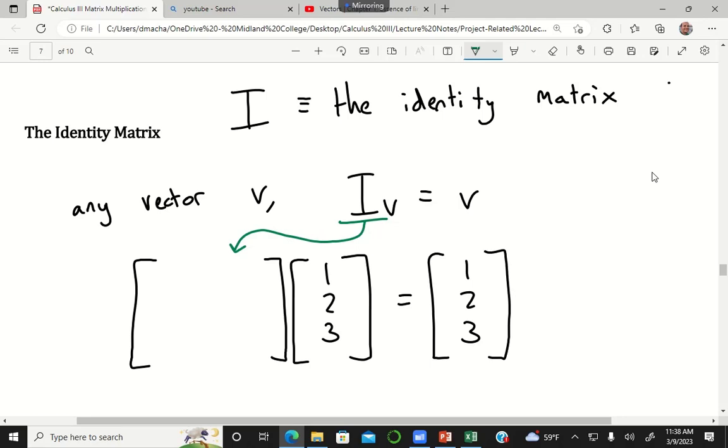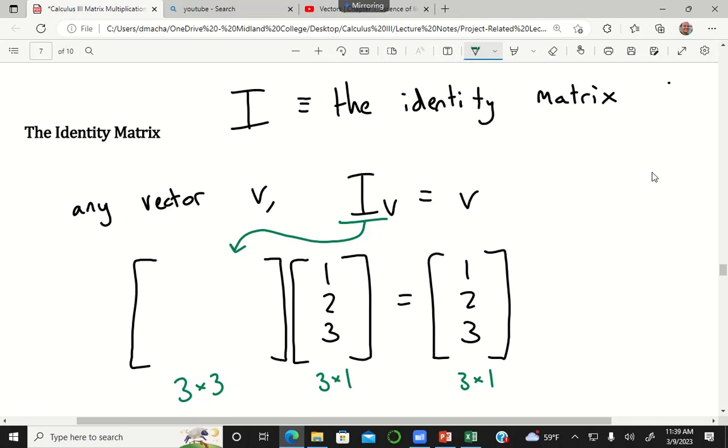Yeah, this matrix has to be a matrix with 3 columns because I'm multiplying by a vector with 3 entries, or 3 rows, right? 3 columns times 3 rows works. Also, the product is 3 rows, 1 column, so I know that this matrix has to be a 3 by 3 matrix. You can think of this vector as being a 3 by 1 matrix, and the product has to be a 3 by 1 matrix.